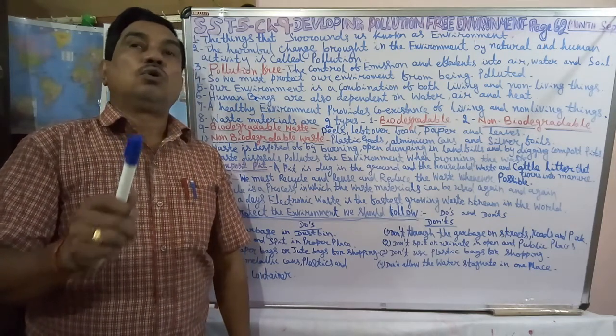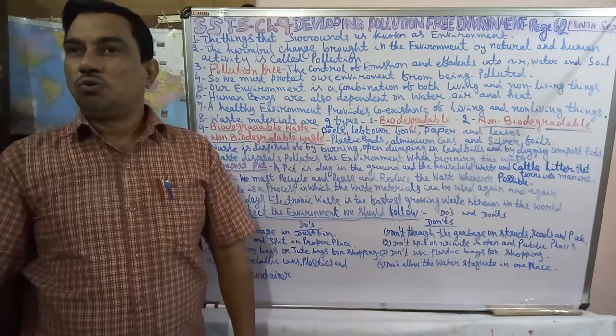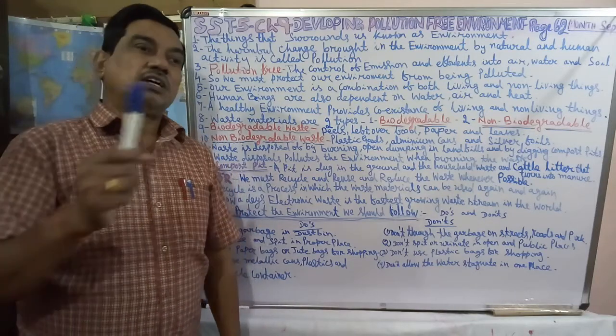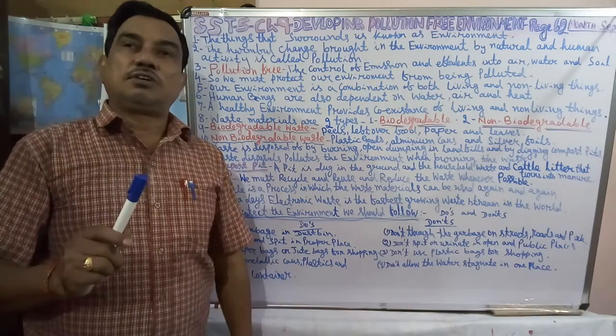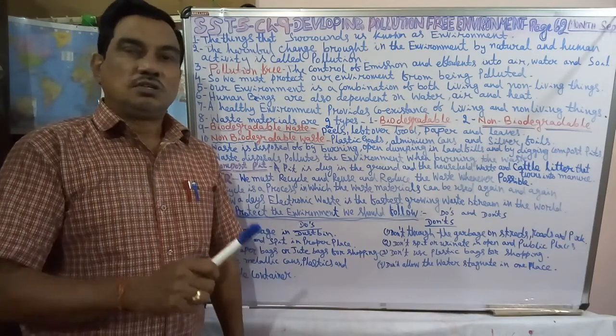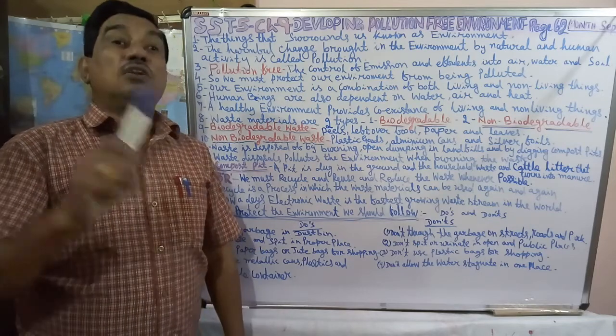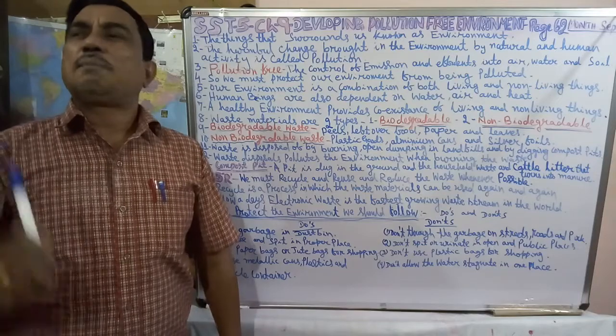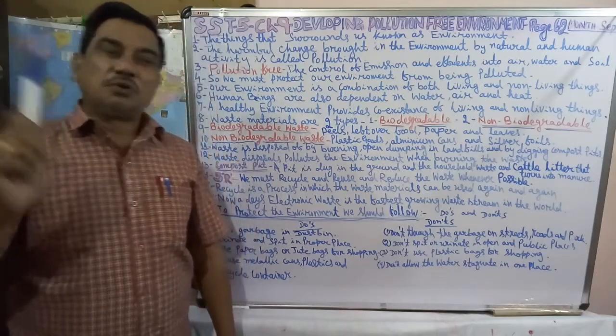We should follow do's and don't do's: 4 things to do, 4 things not to do. Throw the garbage in the dustbin, that is a do. Don't throw the garbage in the street, roads and park, that is a don't.